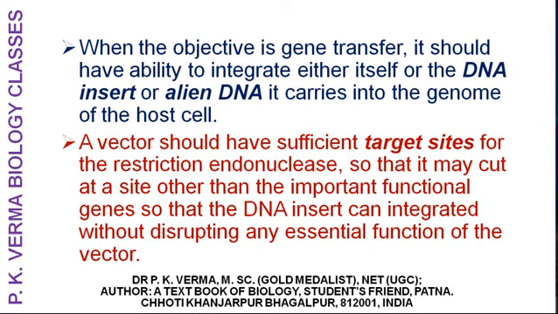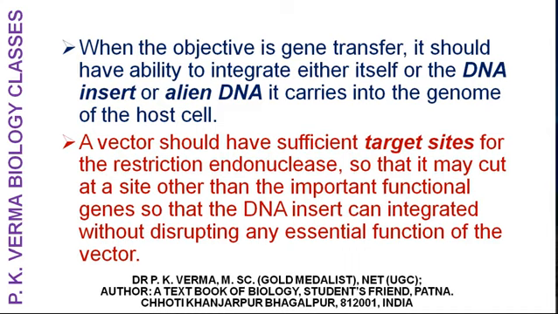Now imagine an alien DNA is introduced into the host cell and it becomes integrated at a site where an important gene is present, and the structure of that gene is affected by transformation. So it will disrupt the physiology of the host cell.